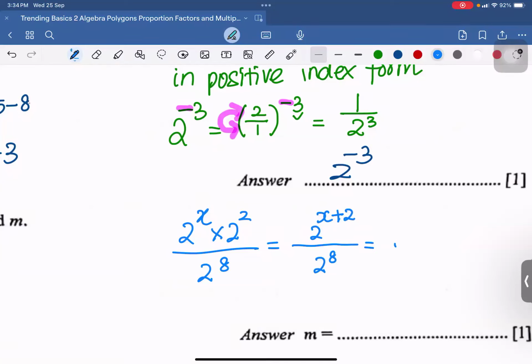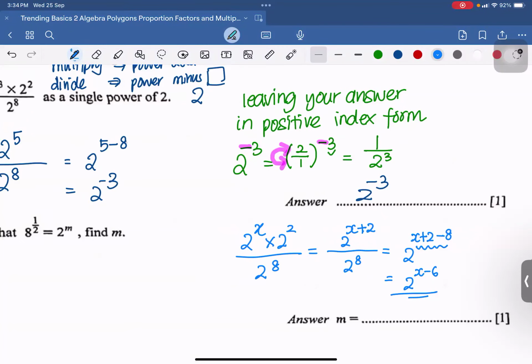Now, for division, the powers subtract. Then what will I get? 2 to the power of, take the x plus 2, do what to it? Minus 8. Then it becomes 2 to the power of x minus 6. Correct. So this will be your answer as a single power of 2.